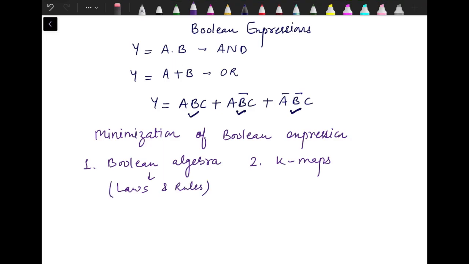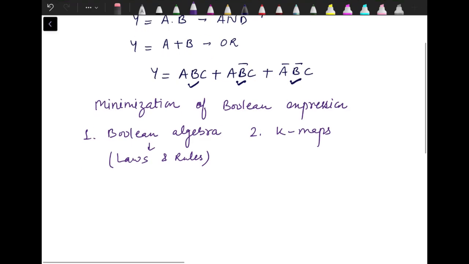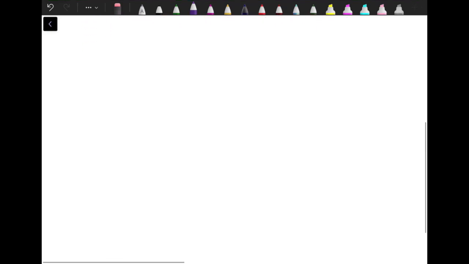So let's discuss them one by one, and then I will take some examples also showing the minimization of the Boolean expressions. The first law is commutative law. This is applicable for the addition of variables, also for the product of variables.